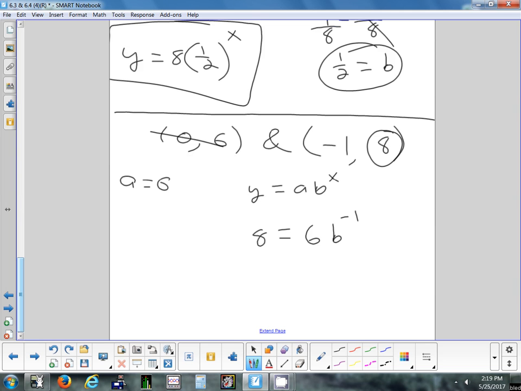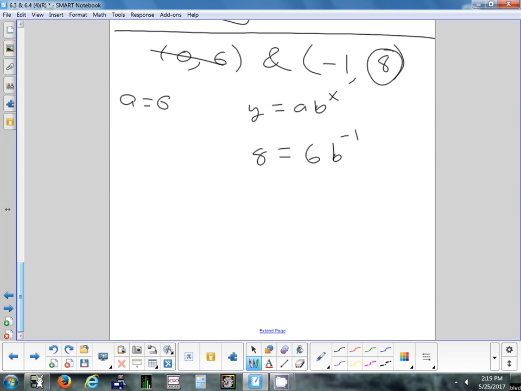What's happening here when you have a negative exponent? How do we deal with that? Anyone remember how we deal with that negative exponent?